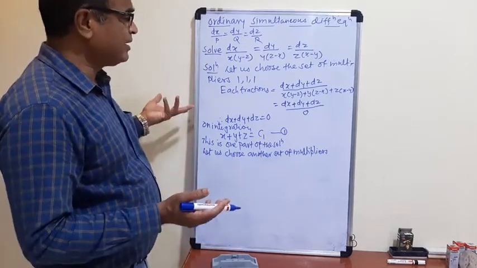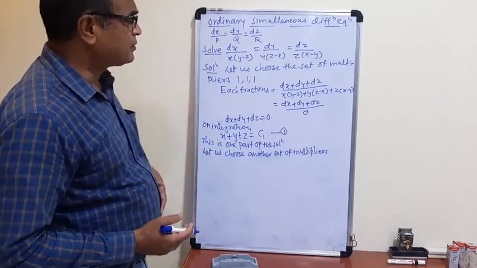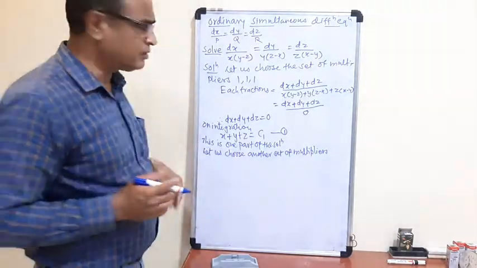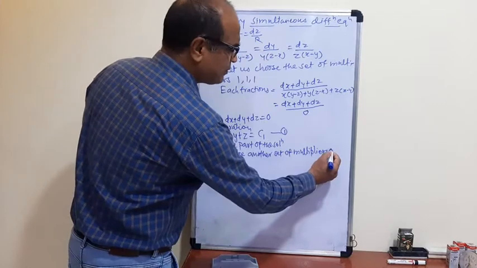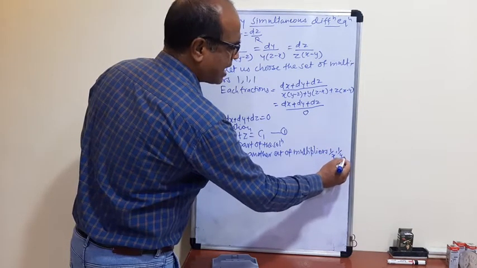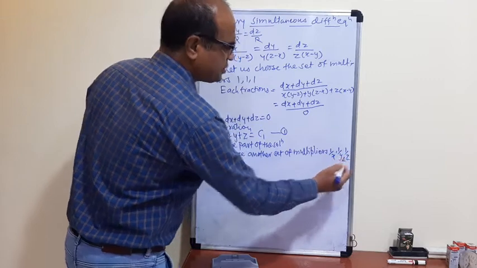If we choose such a set, then the denominator automatically becomes 0. The set is 1/x, 1/y, and 1/z.